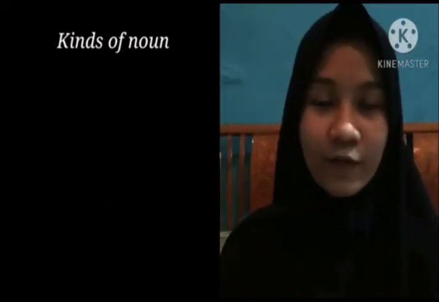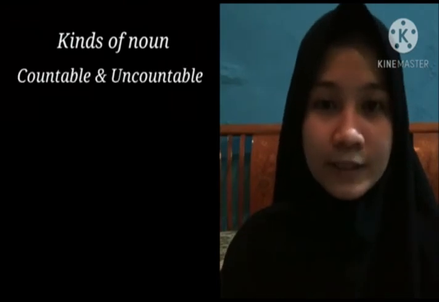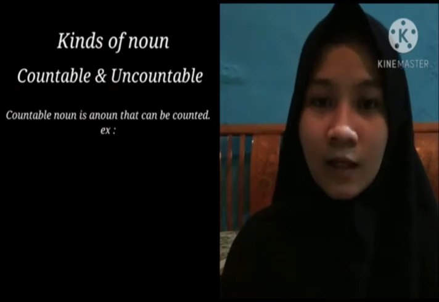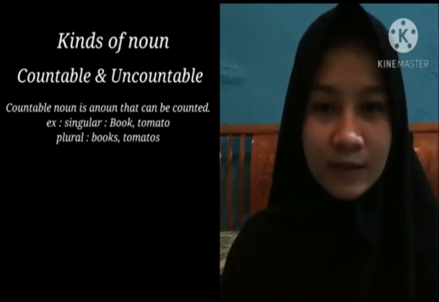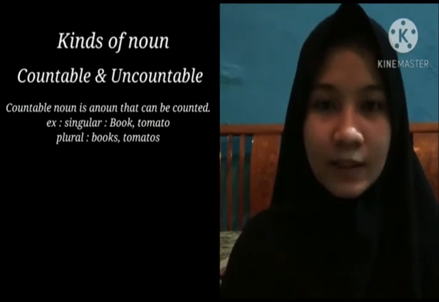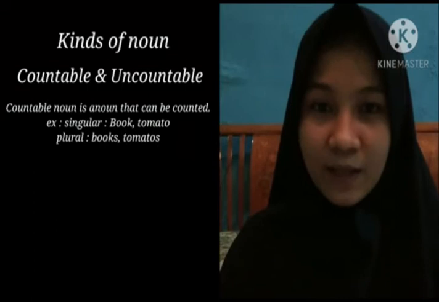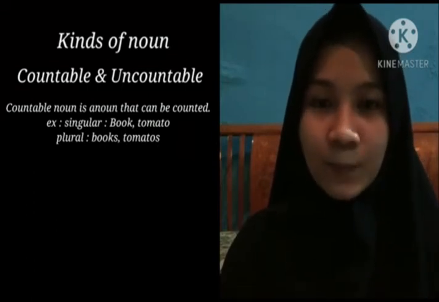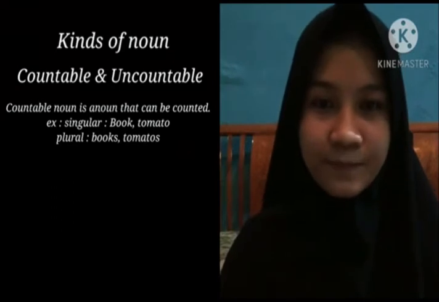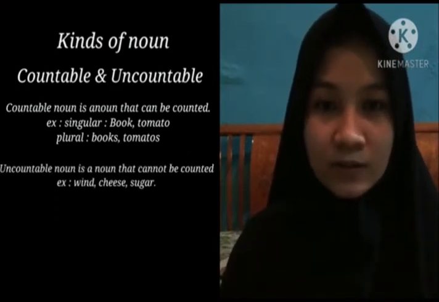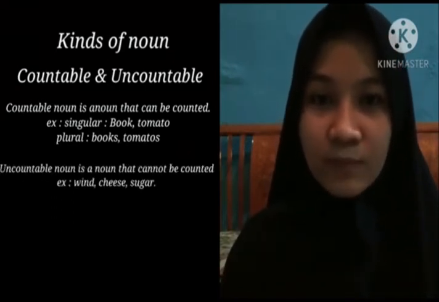Kinds of nouns. The first is countable and uncountable nouns. A countable noun is a noun that can be counted. For example, in singular, book and tomato. In plural, books and tomatoes. An uncountable noun is a noun that cannot be counted.